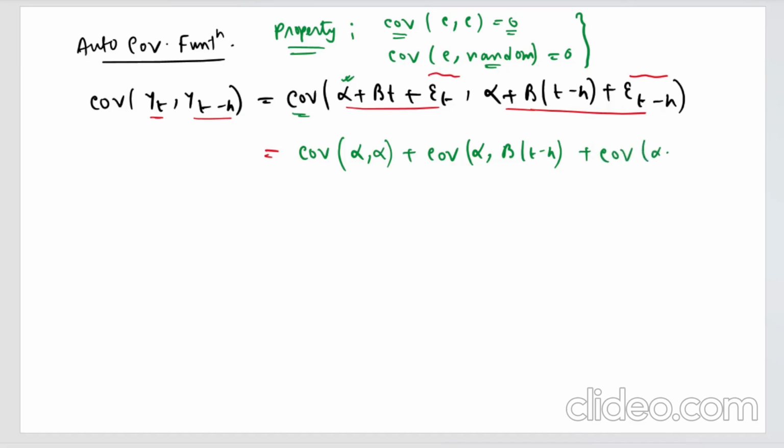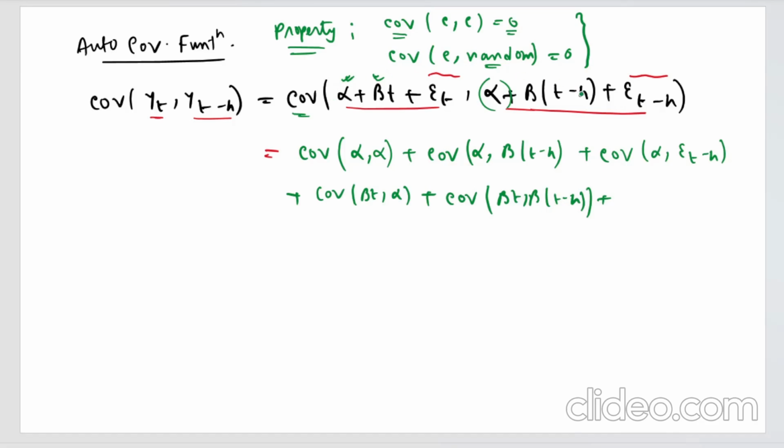Then you have alpha and epsilon t minus h, plus then you take this beta, the covariance of beta t and alpha, plus the covariance of beta t and beta t minus h. I hope you got the process.